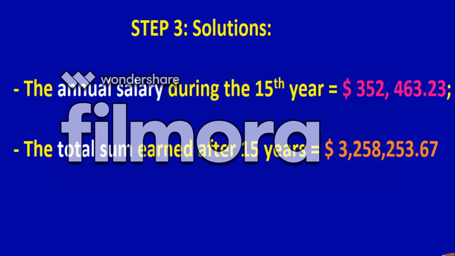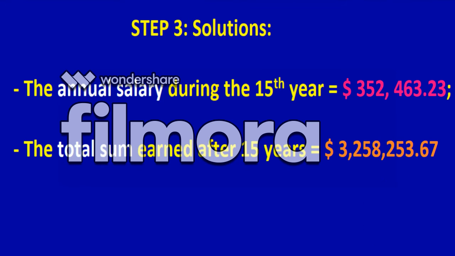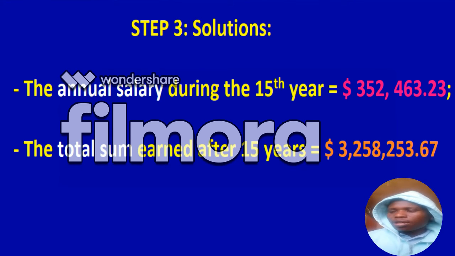Now the second answer is regarding the total sum during the 15 years. That is $3,258,253.67. So those are the requirements by question 4.